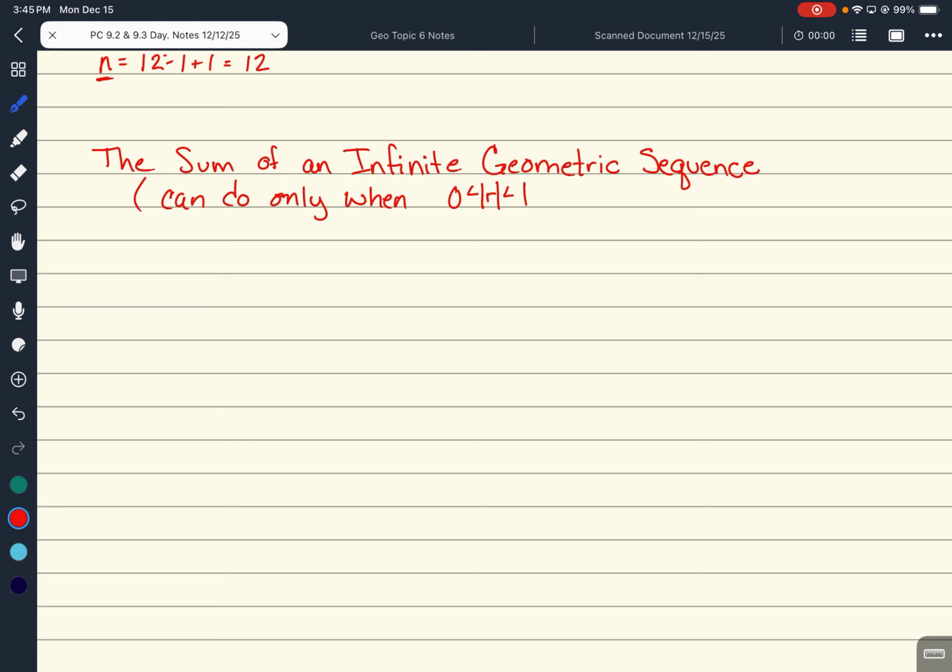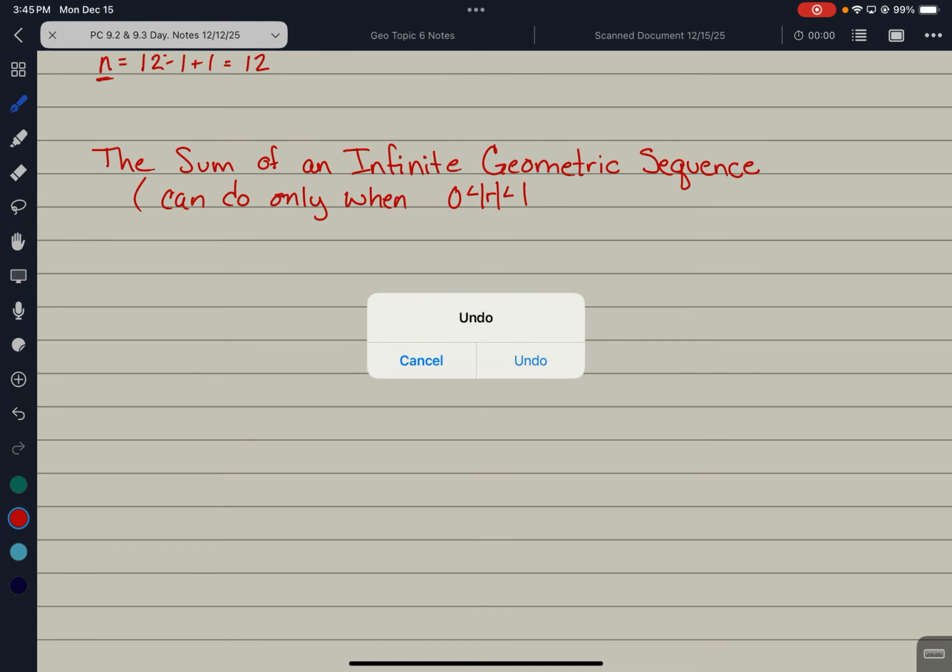Okay, because when I square or take something to the 28th or whatever of a fraction, my denominator is getting larger and larger and larger. And is my numerator getting large as fast? No, it will eventually approach a number close to 0. So I will be adding 0 every time.